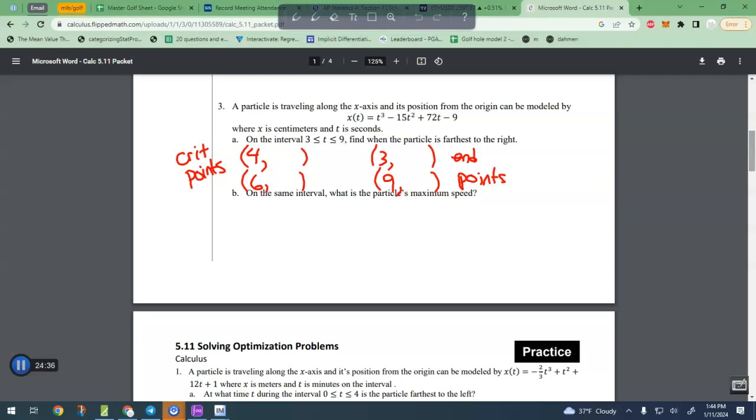Everybody have 4? Plug it in. Does anybody have 6? I'm pretty sure that's right. I know they're all around 100. I think that's right. You just weren't sure. 3? 20? That's too small. What about 9?